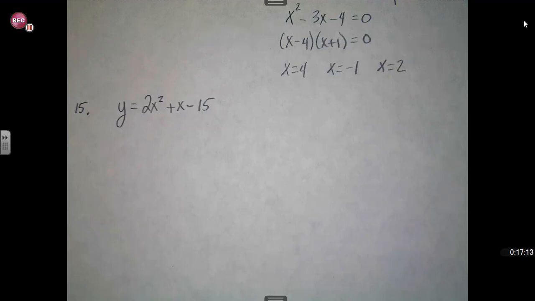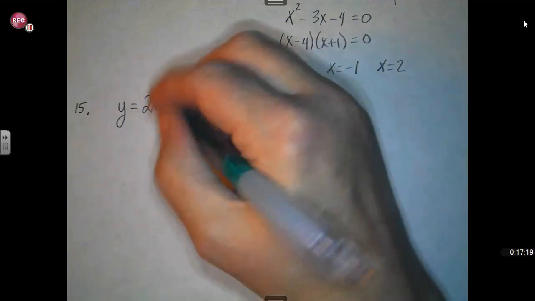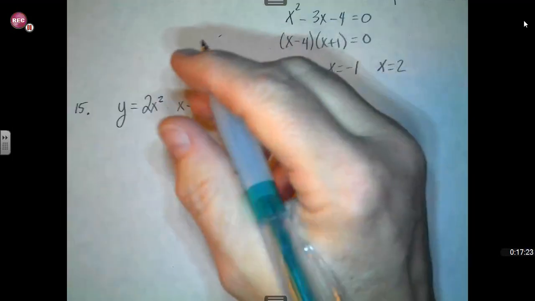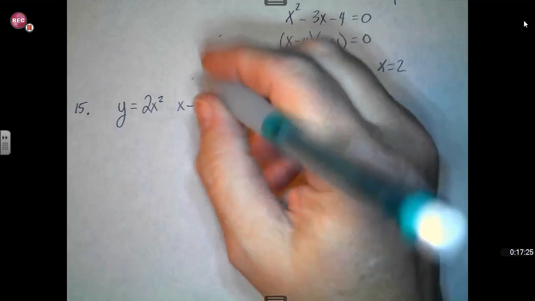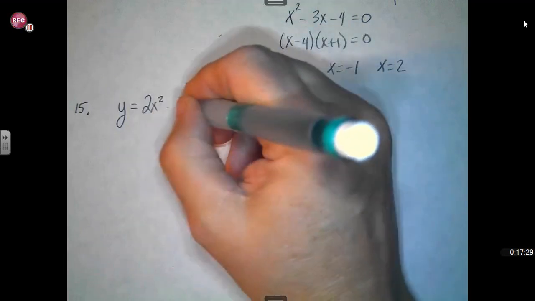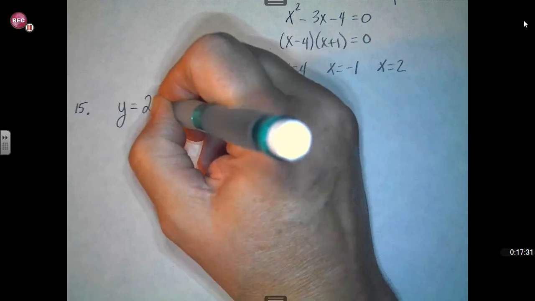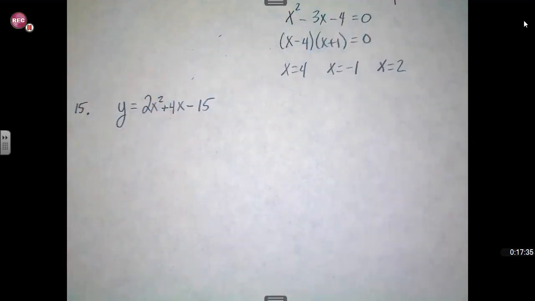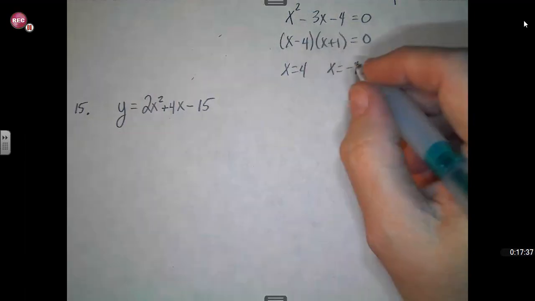I'm going to make a change. Just looking at this, I'm going to make a change to this parabola. It's not going to turn out very nice because I'm going to get a fraction. So I'm going to change the plus x to plus 4x.